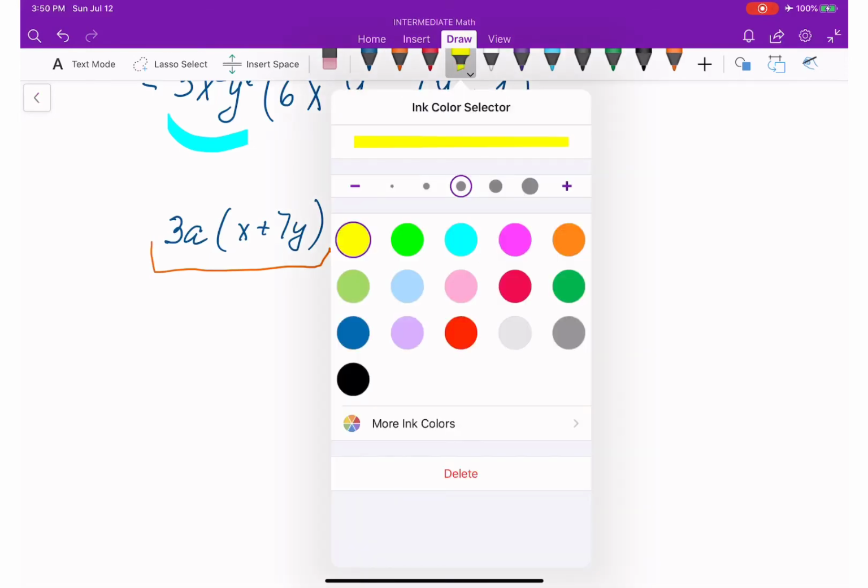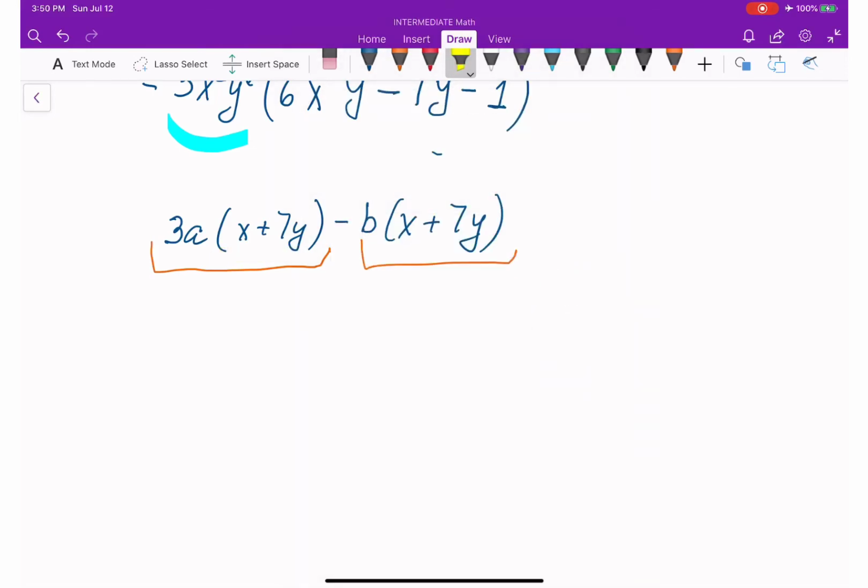They have in common x plus 7y. Let's take out x plus 7y. So what will be left from the first term, 3a(x plus 7y), will be 3a, right? And from the second term will be left minus b. It's nice, isn't it?